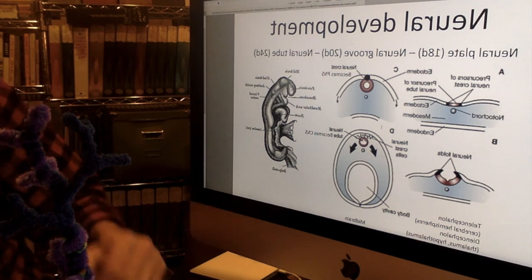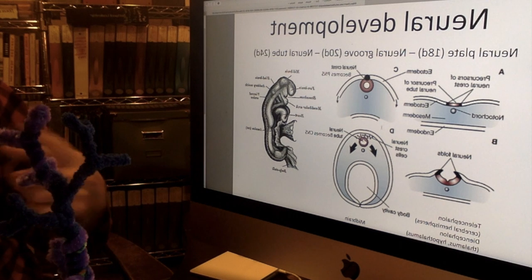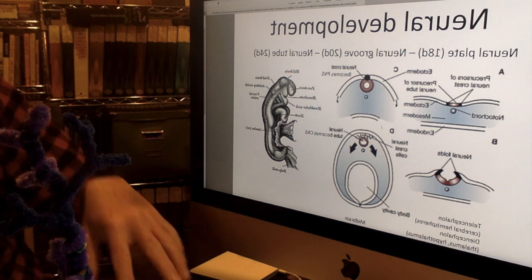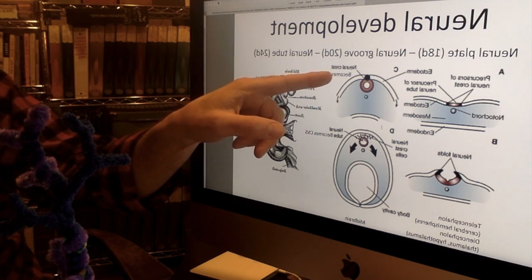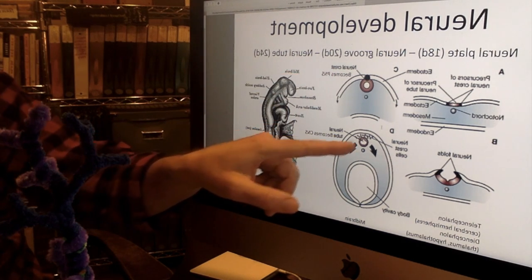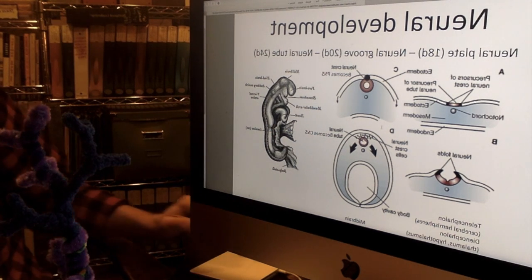For example, the Schwann cells are the glial cells that provide myelin to neurons located in the peripheral nervous system. So the neural crest really becomes the peripheral nervous system, while the neural tube is going to become the different portions of the central nervous system.